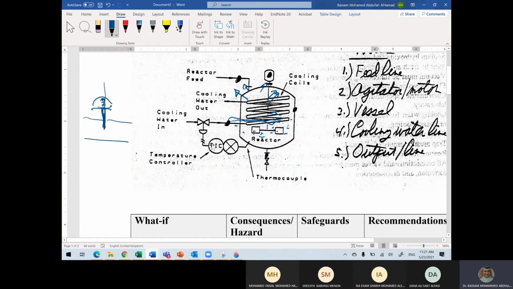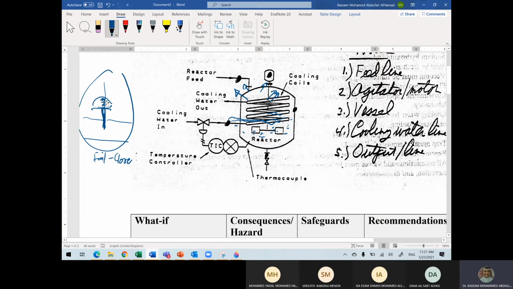It could be that this valve is fail close. I don't know if you know the word fail close. If fail close, that means if the valve fails for any reason, for example the stem is not working well, what happens?